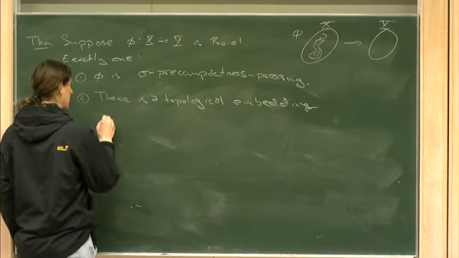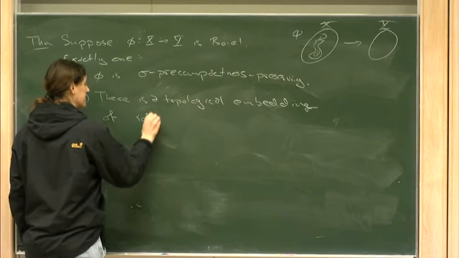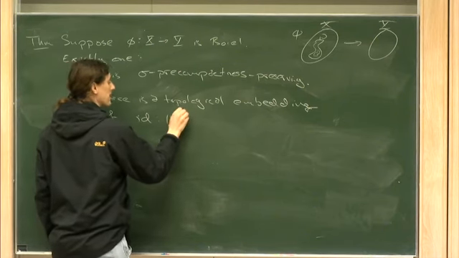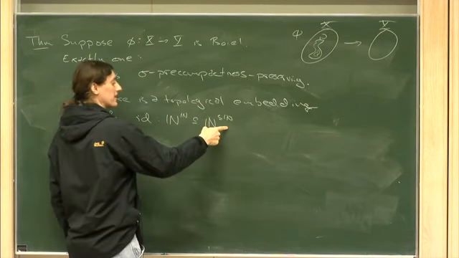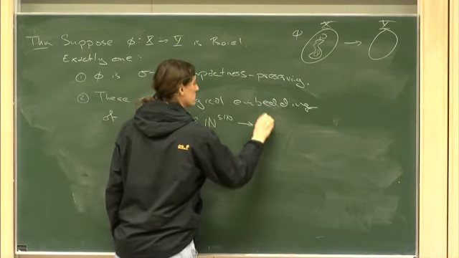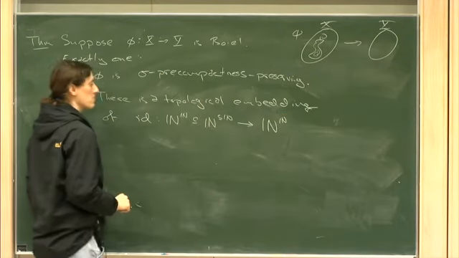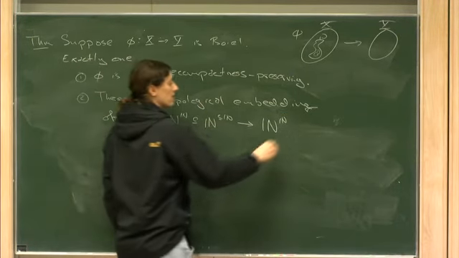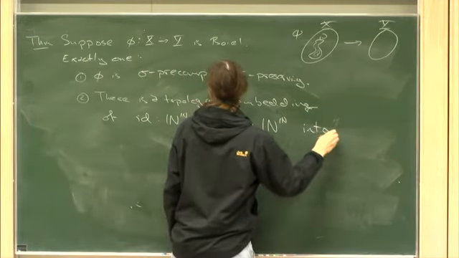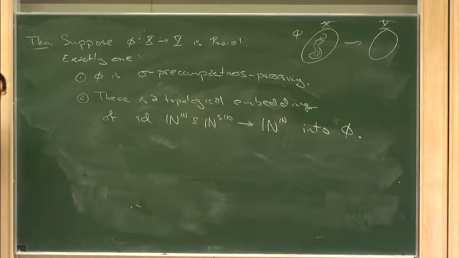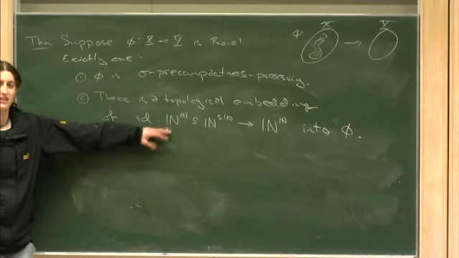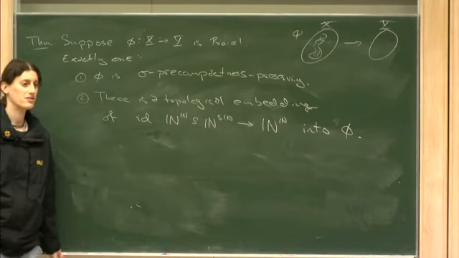So there's a topological embedding of the identity on Baire space, where you view the domain as a subset of omega to the less than or equal to omega, but you just view the range as Baire space, into your function phi. I hope it's clear what I mean by a topological embedding of a partial function. It's just like before.